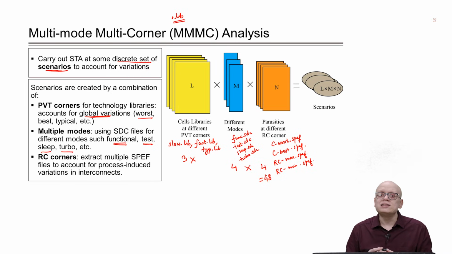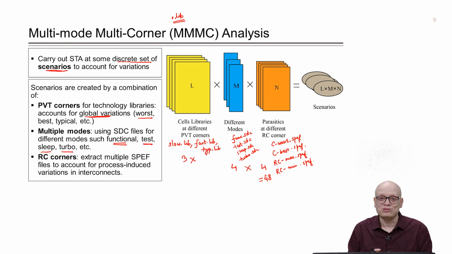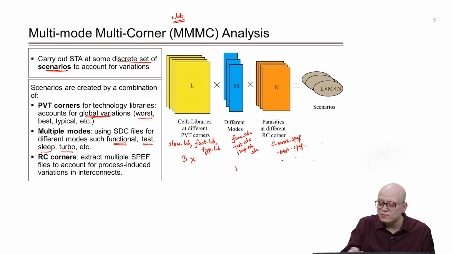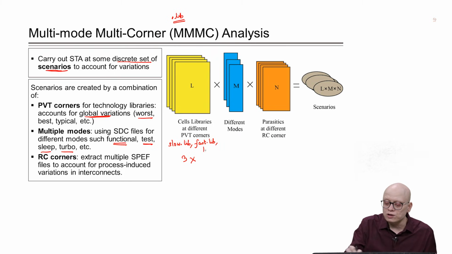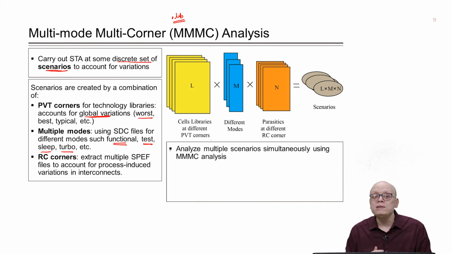So, one of the ways is to perform STA 48 times, once for each of the scenarios, but that will be inefficient. So, rather than doing 48 different timing analyses, what we do is carry out static timing analysis using what is known as multi-mode, multi-corner analysis simultaneously for all the 48 scenarios. As a result, it becomes more efficient.